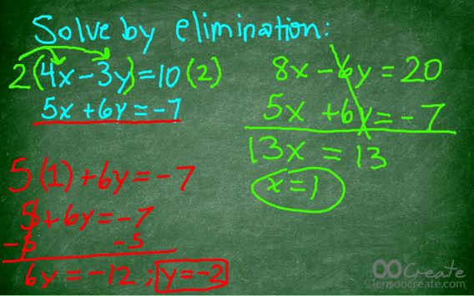So we found our x and we found our y. Remember, our final answer is x, y. And again, I'll leave it up to you to check to make sure that's correct.